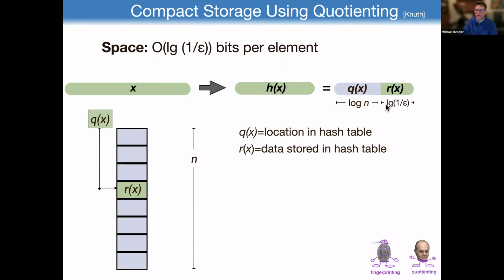And so by storing these log 1 over epsilon bits in a location which is determined by these log n bits, we do this for all of the elements, and now on average it's just log of 1 over epsilon bits per element. And this is called quotienting, and Knuth wrote about it decades and decades ago.